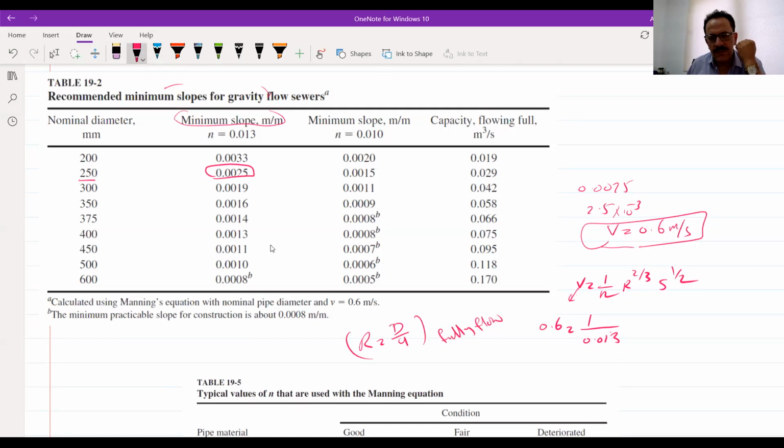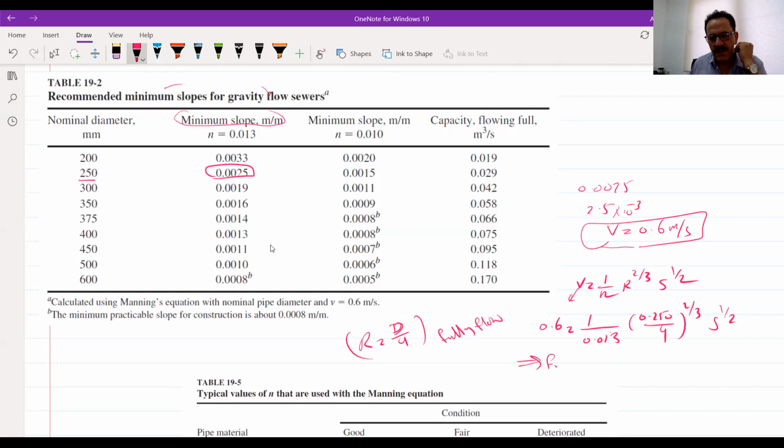So R is D over 4, so we can use the diameter. Here is the diameter that I'm using. It's equal to 250, which is 0.25, divided by 4, power 2/3, S power half.